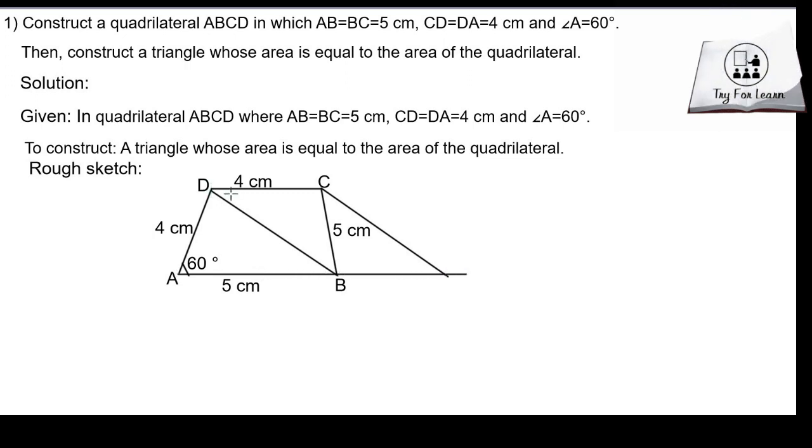By joining point D with this new intersecting point, we will get the required triangle. So this is all about the rough sketch.